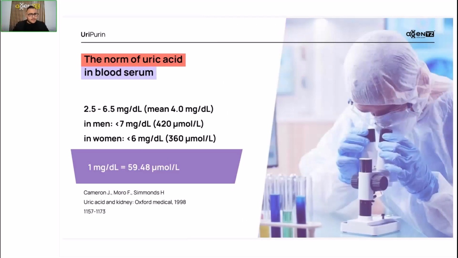These numbers vary from laboratory to laboratory or country to country, but in general, the mean is recognized as about 4.0 milligrams per deciliter. In men the general norm is 420 micromoles per liter, and in women 360 micromoles per liter.